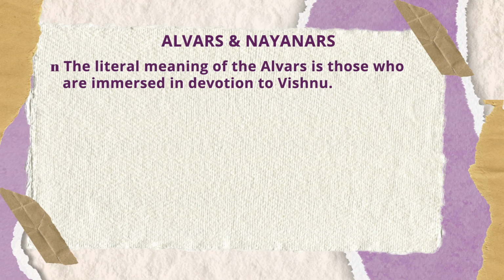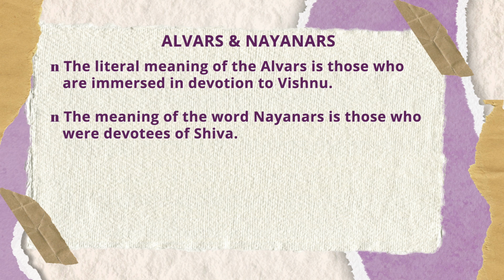Now, let us learn about the Alvars and Nayanars of Tamil Nadu. During the 6th century, some of the Bhakti movements were led by the Alvars and the Nayanars. The literal meaning of Alvars is those who are immersed in devotion to Vishnu. The meaning of the word Nayanars is those who were devotees of Shiva.